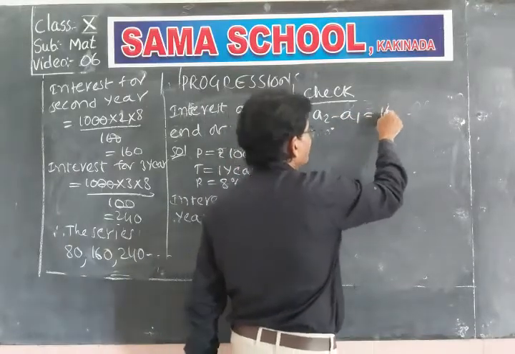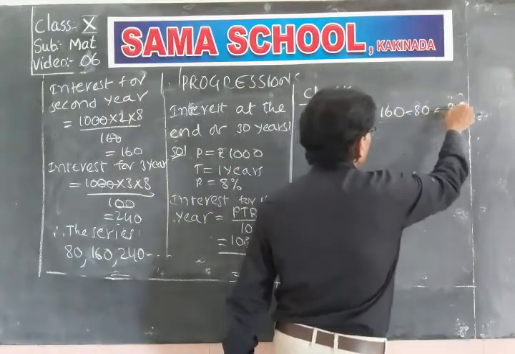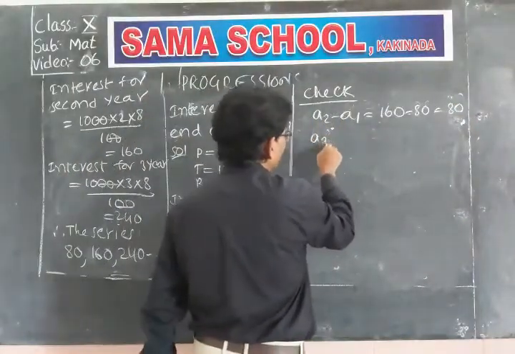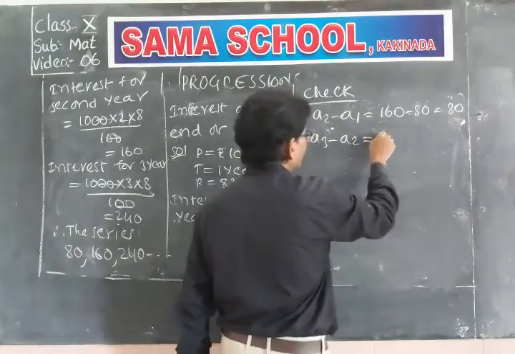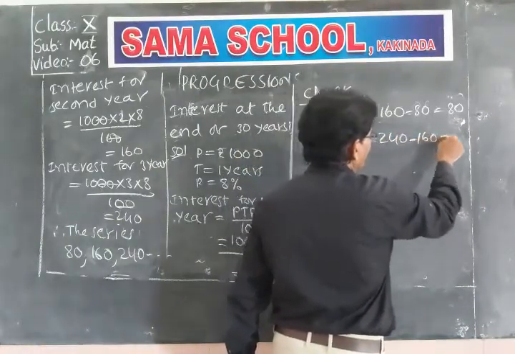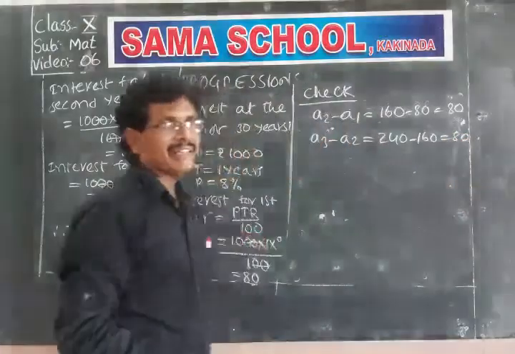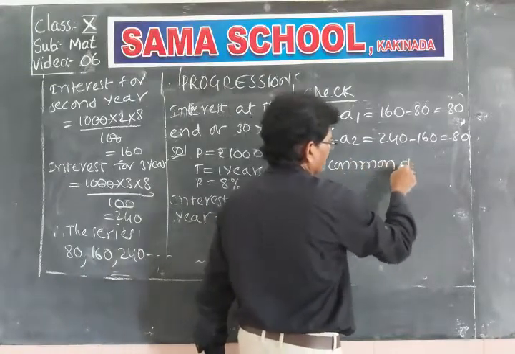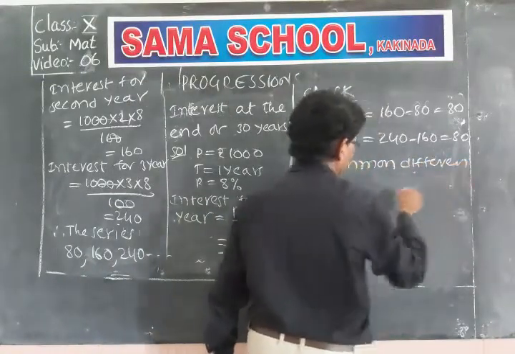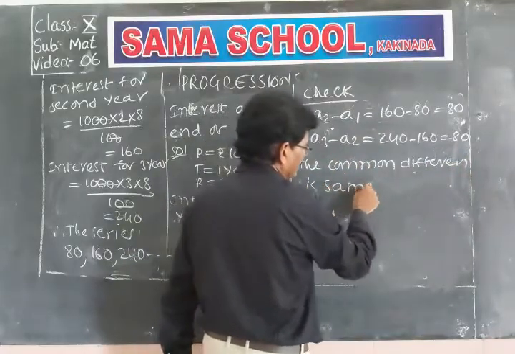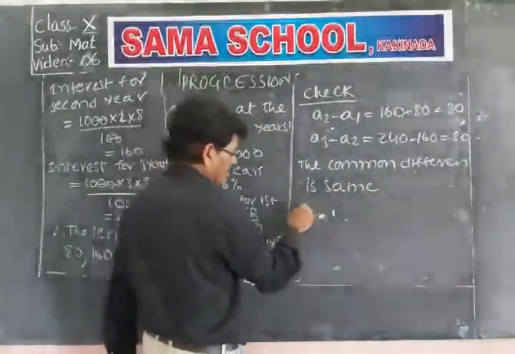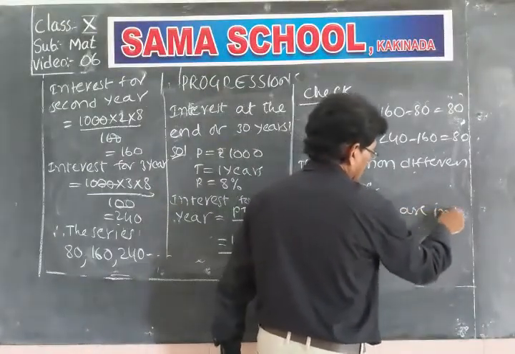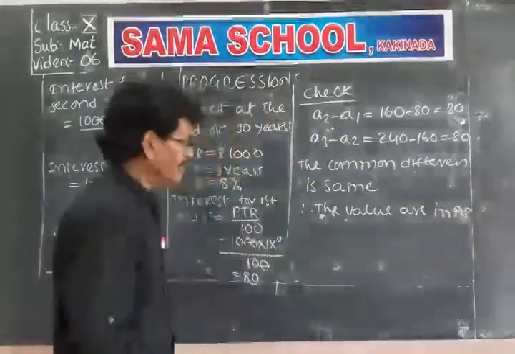It means 160 minus 80 is equal to 80. And in the same way a3 minus a2, 240 minus 160, is also equal to 80. Here the common difference is the same. Therefore, the values are in AP.